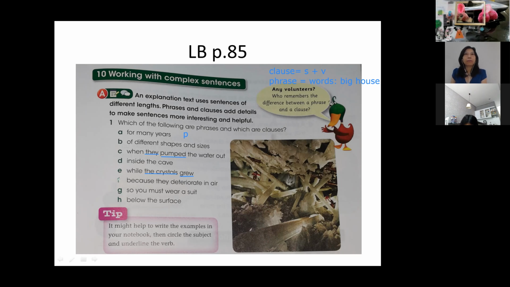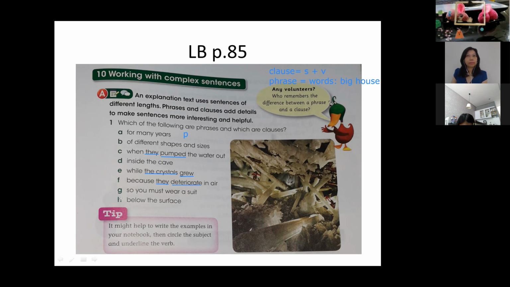Now, F. Clause. It's a clause. Which one is the subject? Subject they, and deteriorate is the verb.